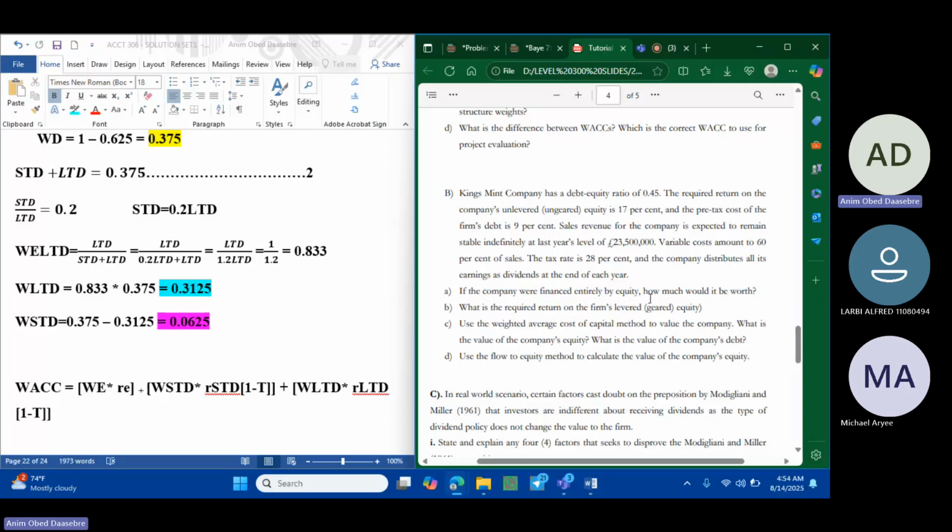So the sales value is what? 23.5 million.